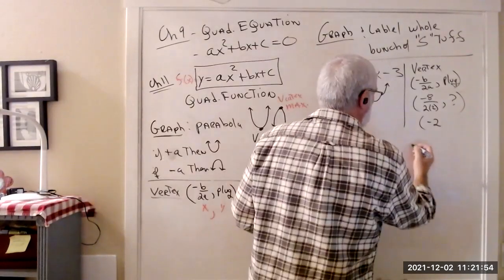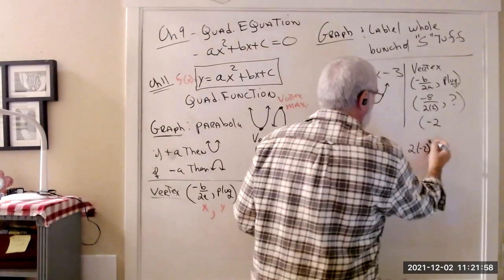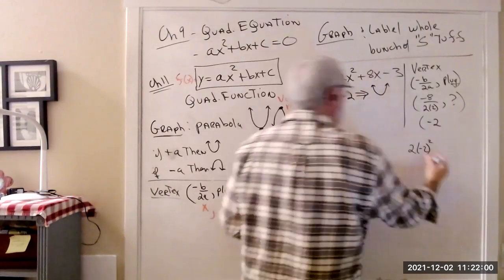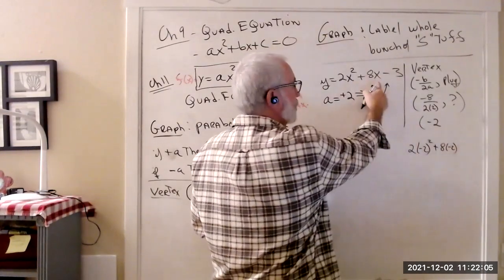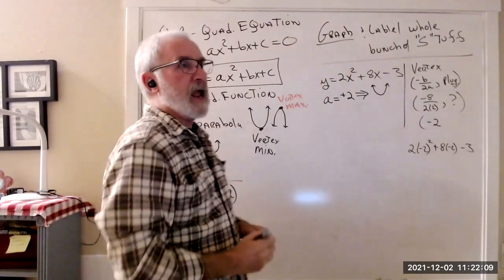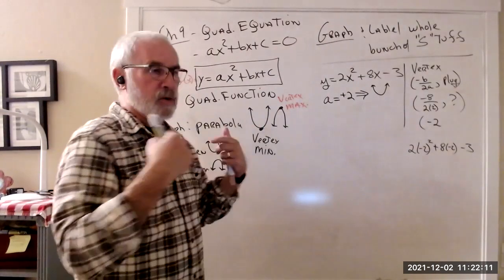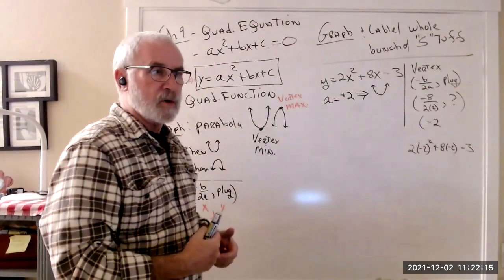So you're going to go 2 times negative 2 squared plus 8 times negative 2 minus 3. And this is where your calculator or your arithmetic is going to really screw you up.